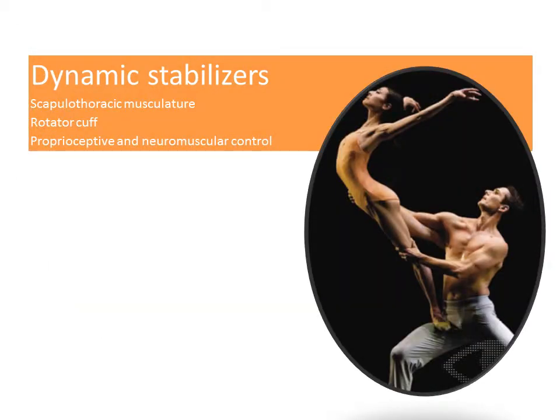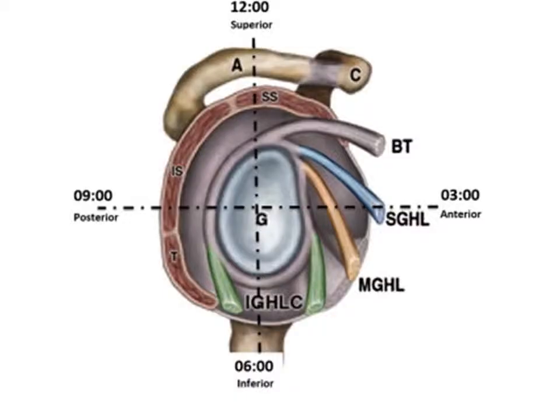We also have dynamic stabilizers, which include the scapulothoracic musculature, the rotator cuff, and proprioceptive and neuromuscular control. Combining the bony, cartilage and ligament anatomy and the tendons, muscles, and ligaments provide stability to the shoulder joint.